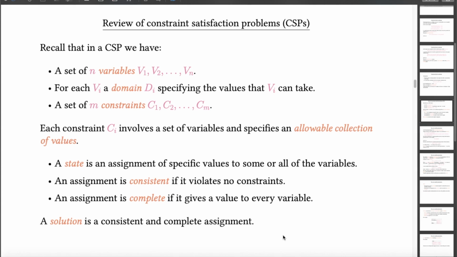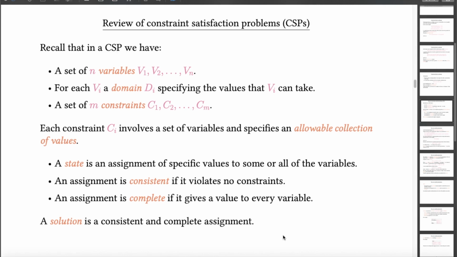So to start with, let me just give a very quick review of what you need in order to set up a CSP. You will have a number of variables, each will have a domain specifying what values it can take, and then you have a set of constraints, and each constraint involves a set of variables and tells you which combinations of values you can assign those variables to.